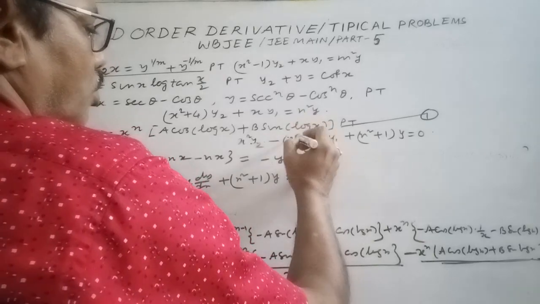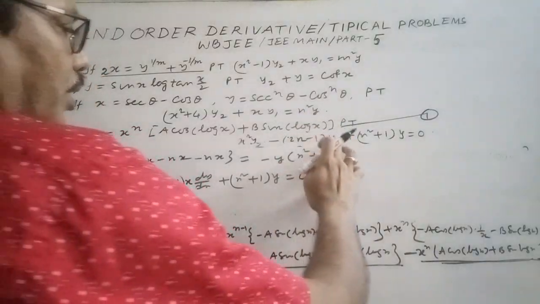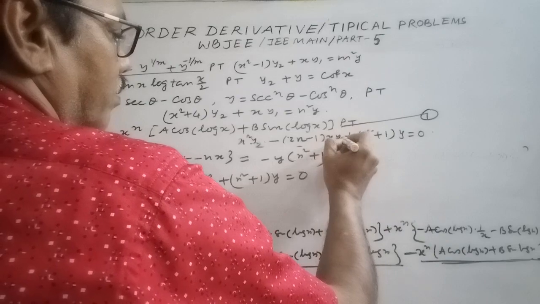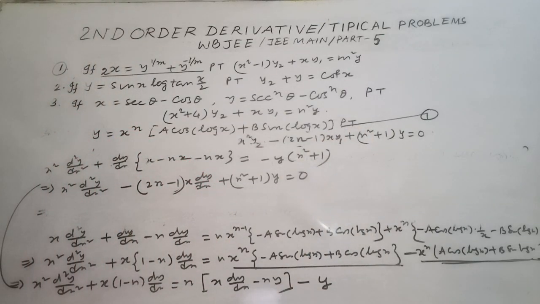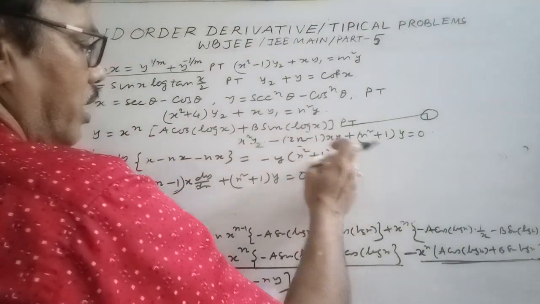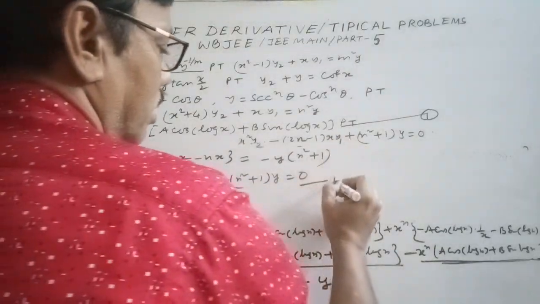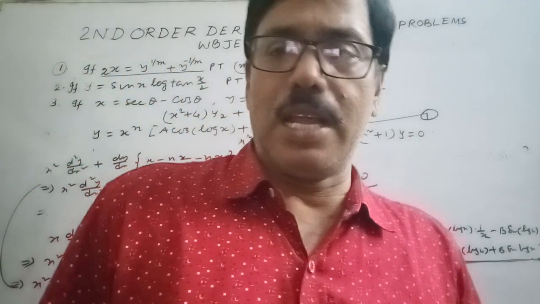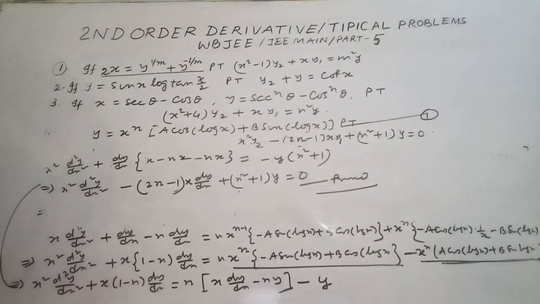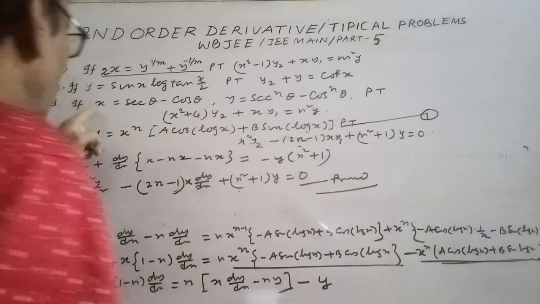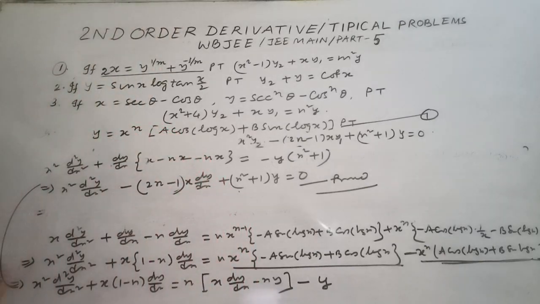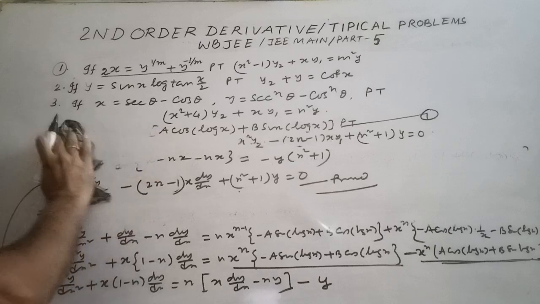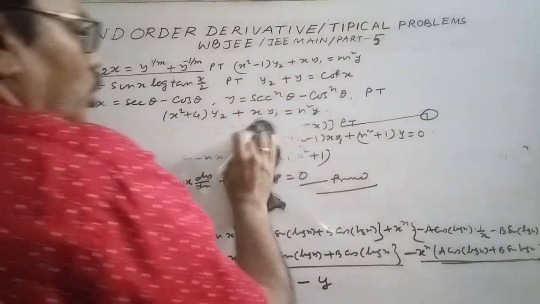So you correct it: (2n minus 1) into x y1, n square plus 1. This is lengthy but simple. We have to use the value of y and the value of x dy/dx minus ny.